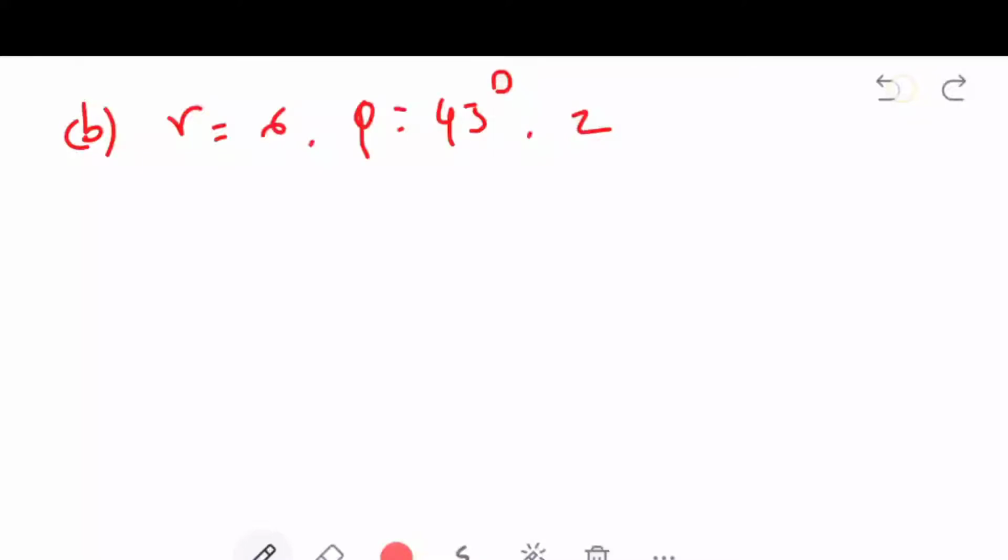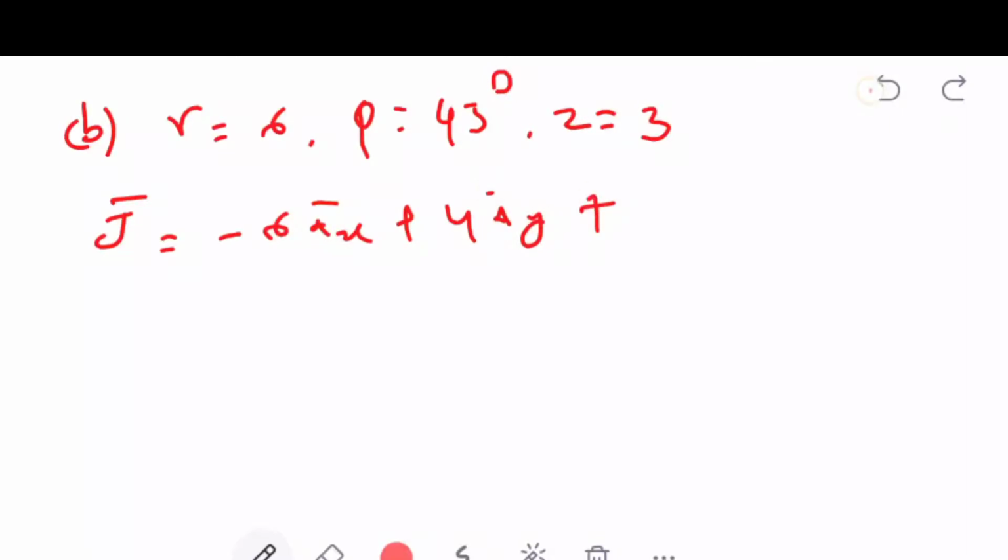Previously what we obtained, equation 1, is minus 6ax plus 4ay amperes per meter square, at phi equal to 45 degrees, z equal to 3, as given.